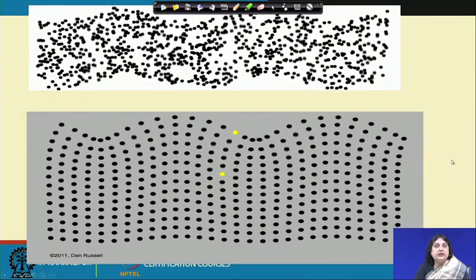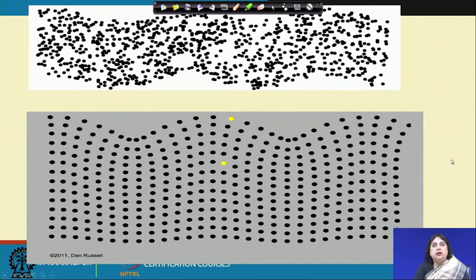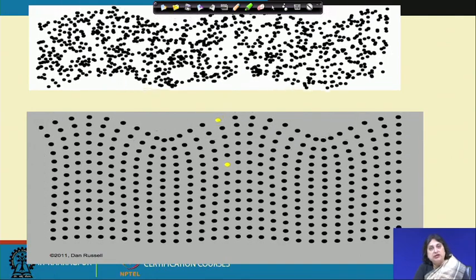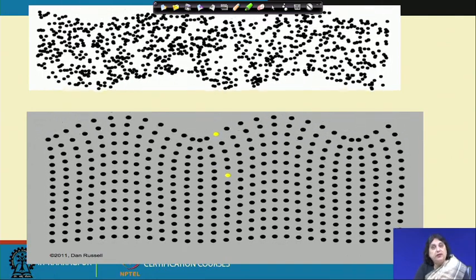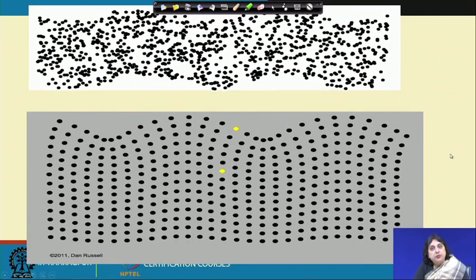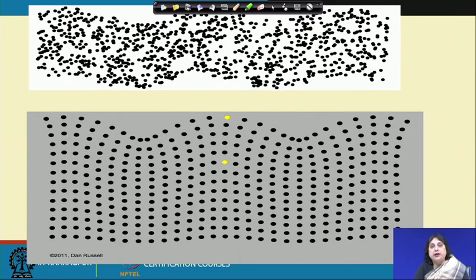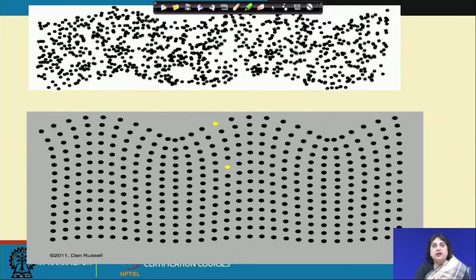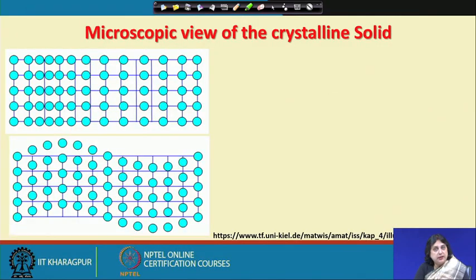So, having these different types of structural fluctuations available to us, the question is, what are going to be the different microscopic states when we are considering the crystalline solid?